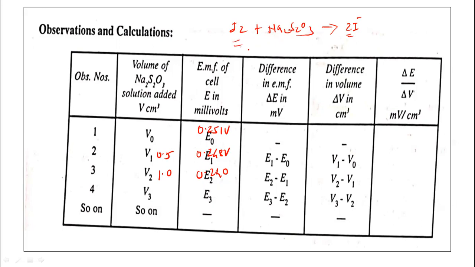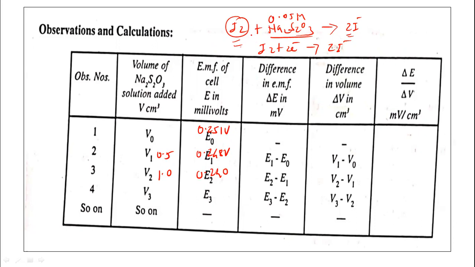I2 gets reduced, I2 plus 2 electrons gives 2 iodide ions, and hence the color is going to change. Due to the formation of iodine, the color becomes dark yellow. But when we titrate it with the sodium thiosulfate solution, whose concentration is 0.05 molar, the color changes.